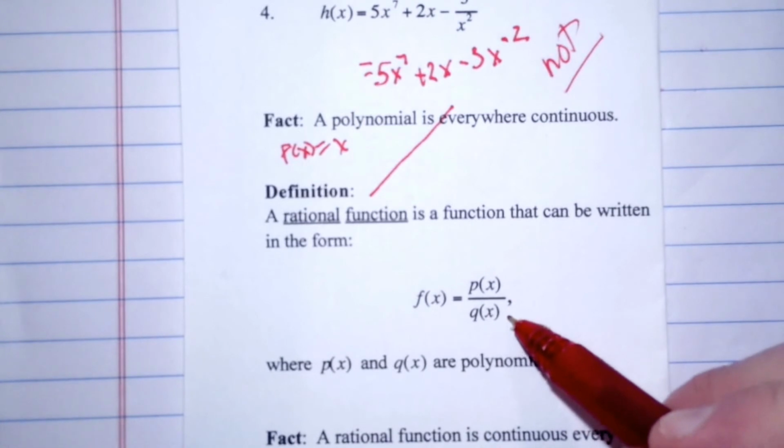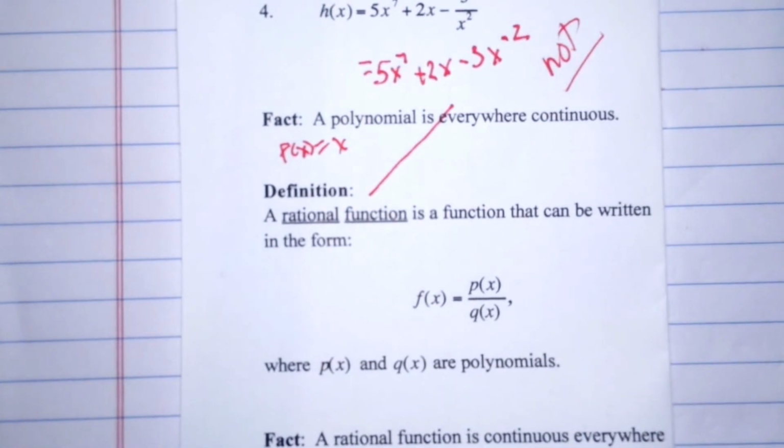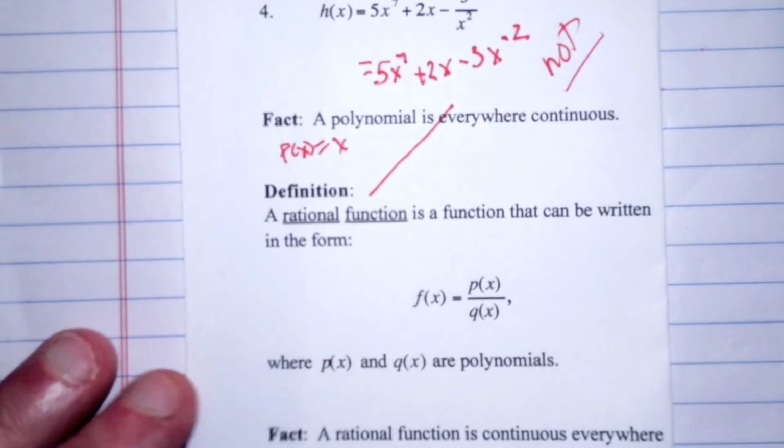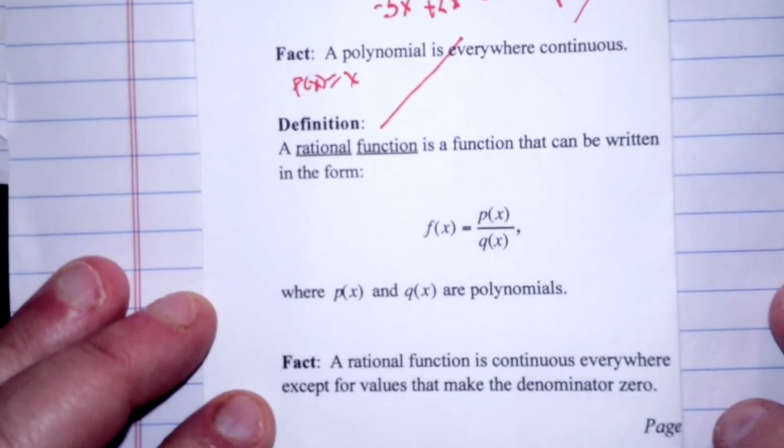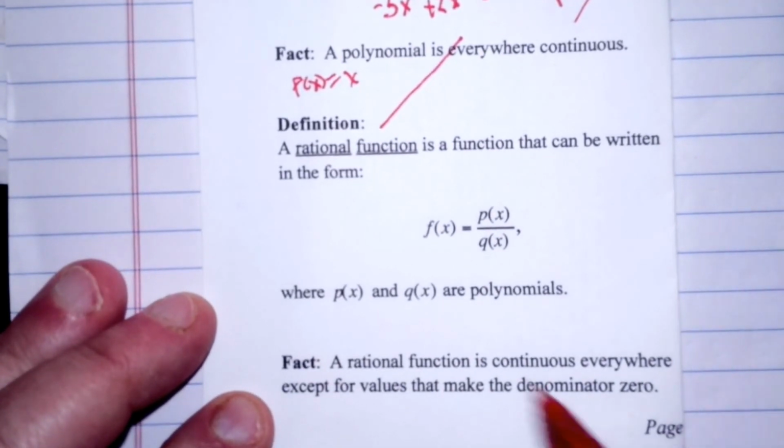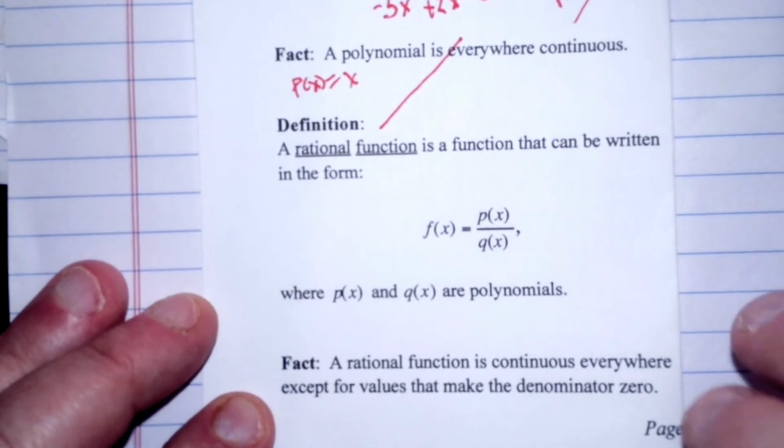The denominator is continuous everywhere. So the result of the division, p of x divided by q of x, should be continuous everywhere, except where the denominator is 0, because that's going to make the rational function undefined. And that's our next fact, that a rational function is continuous everywhere except for values that make the denominator 0.